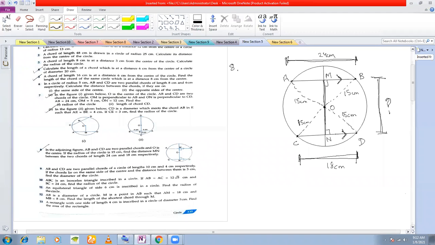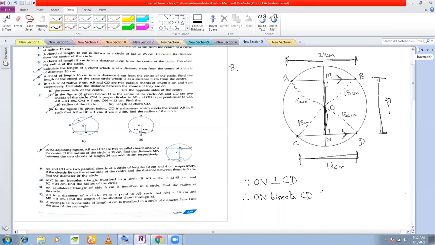Now, if you see, this line ON from the center is perpendicular to this chord CD. So therefore, it must bisect this chord. So we write, since ON perpendicular to CD, therefore ON bisects CD.